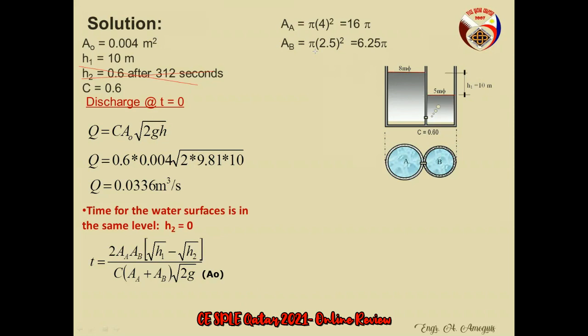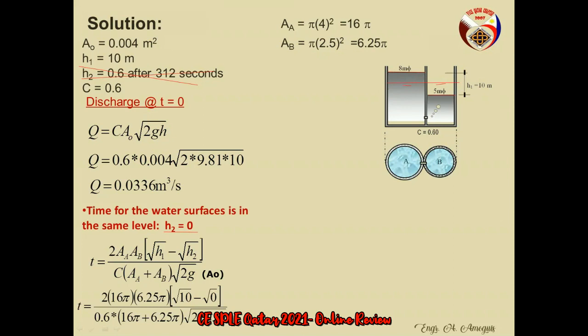Now, when the levels become the same, what will happen? Of course, my H2 will equal 0, because there is no head difference anymore. So your H1 is 10, H2 is 0, and you can solve for the time elapsed until the levels are the same.